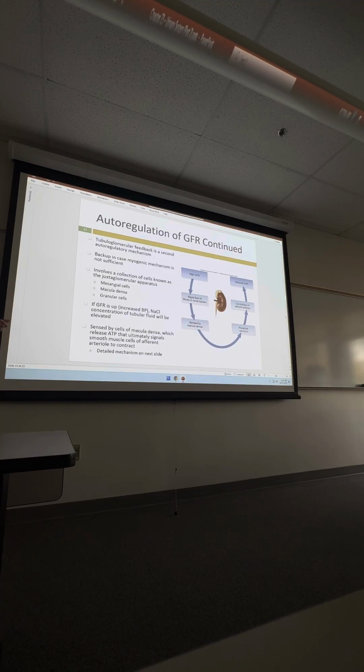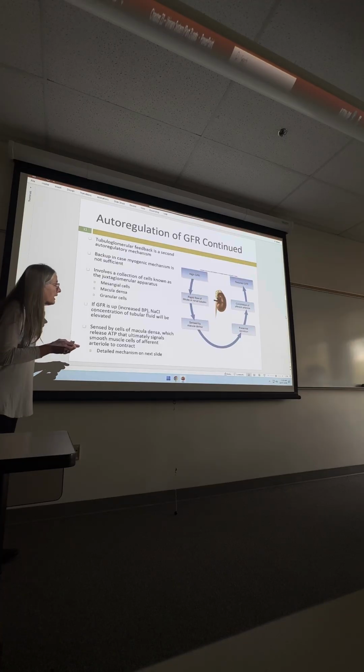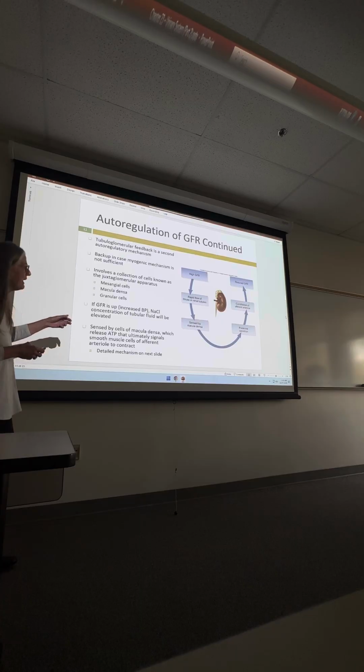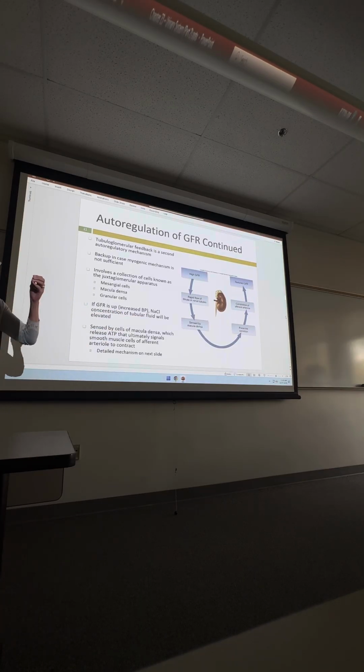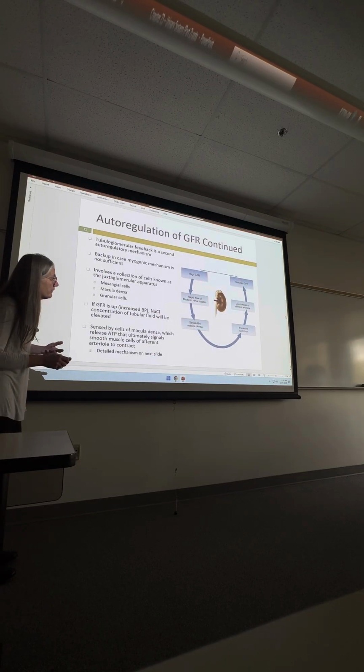Good. So we have an increased flow of blood, which is going to increase the filtrate, and then we have this little collection of cells called the macula densa, and the macula densa cells say, oh my goodness, there's a lot of sodium and chloride in this filtrate that's coming through the tubules. Because remember, it was all pulled out and put into the fluid. And that is going to cause something called a paracrine secretion.